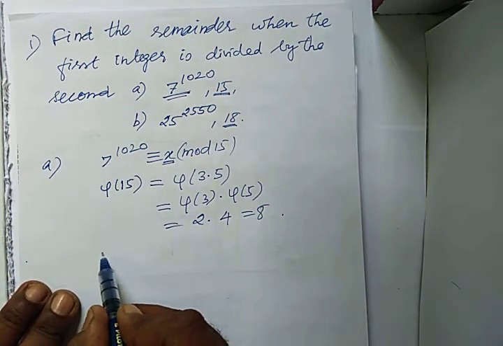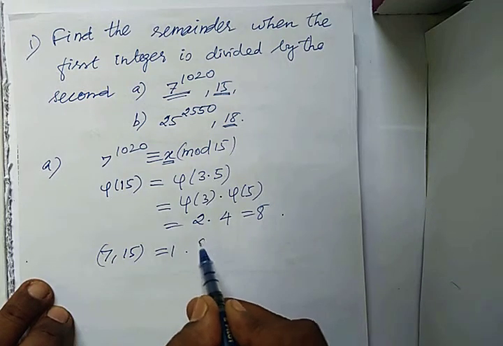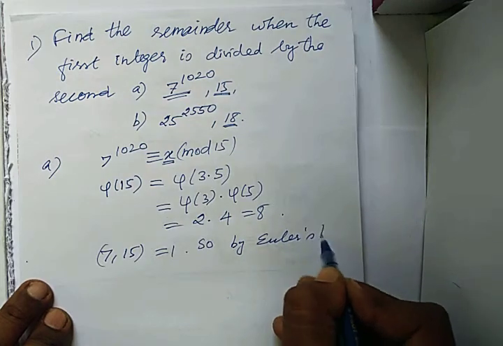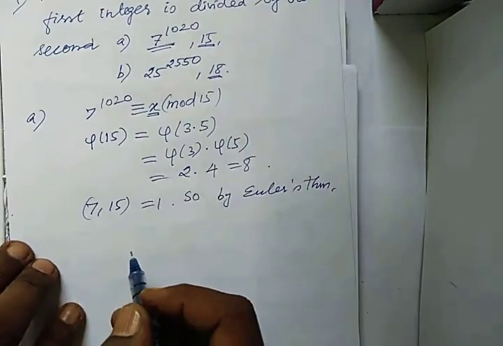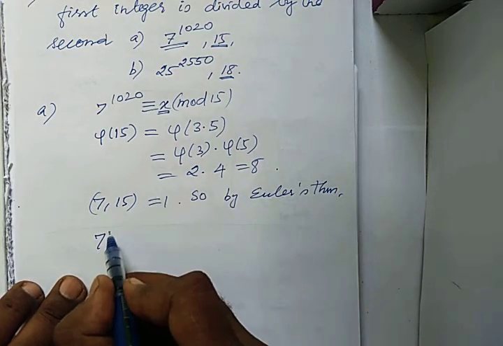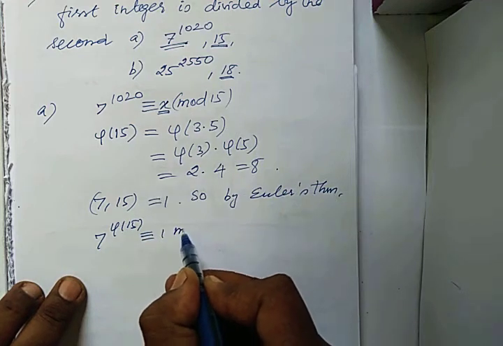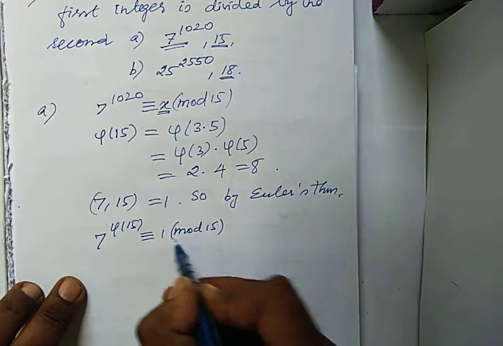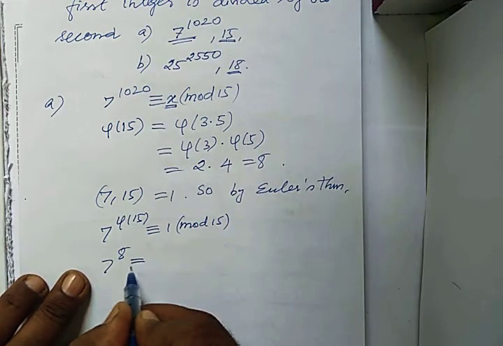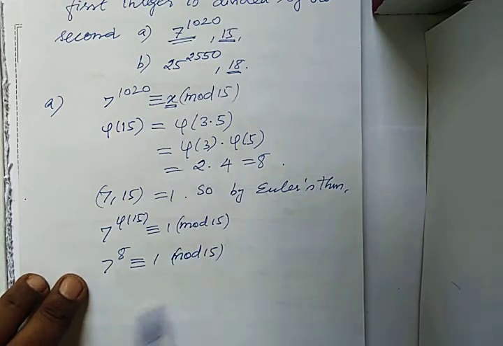And see that 7 is relatively prime to 15, so by Euler's theorem, 7 to the power phi of 15 is congruent to 1 mod 15. But what is this phi of 15? 8. 7 power 8 is congruent to 1 mod 15.